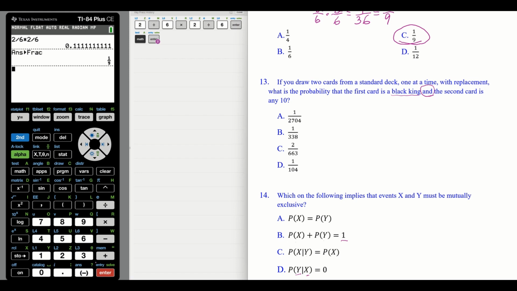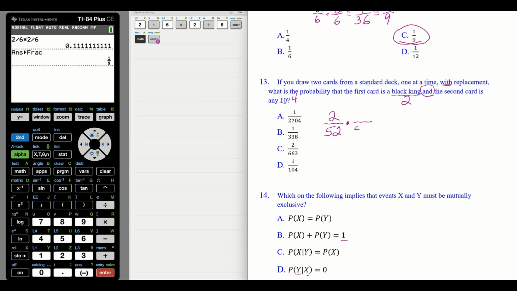And then there are 4 number cards that are a 10. We have 2 black kings, so we have 2 out of 52. And we did read with replacement. So that's your first event.